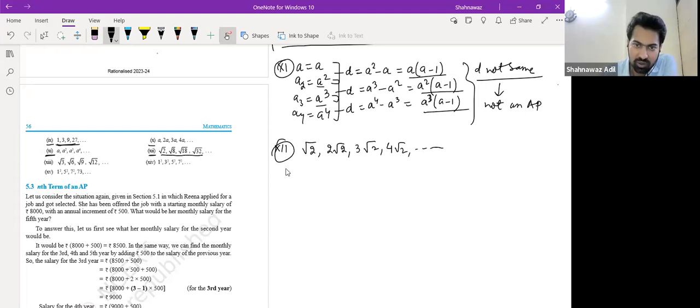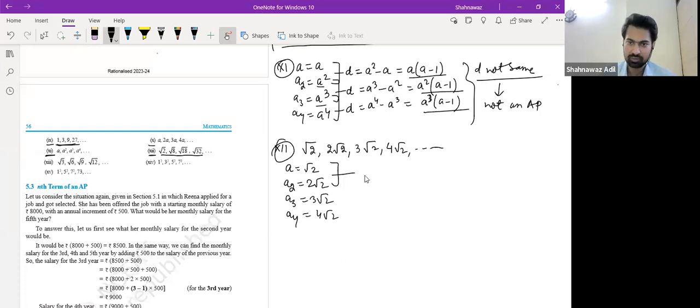Now we know what A, A2, A3 and A4 are. So what would be D from these two terms? 2 root 2 minus root 2 is how much?